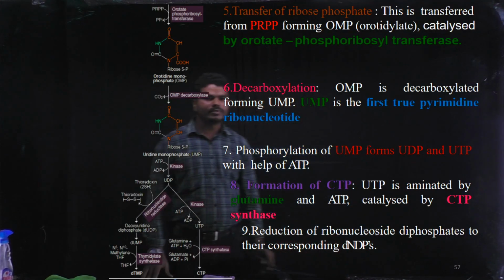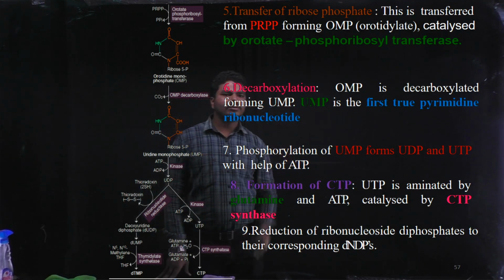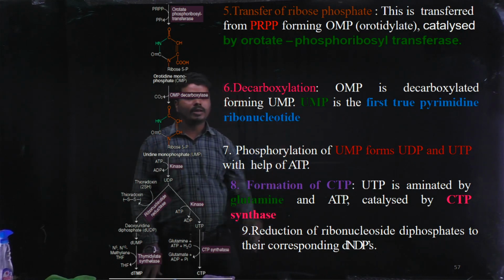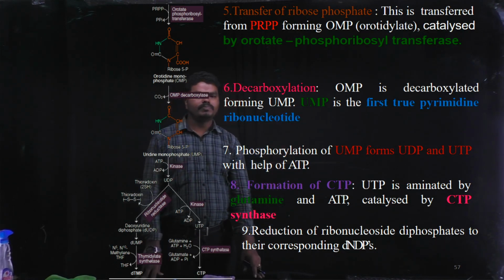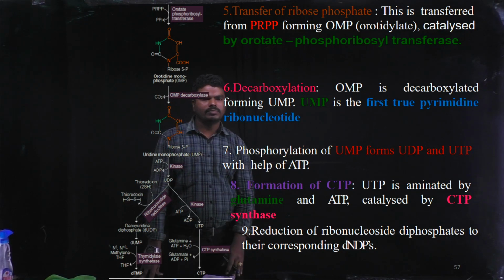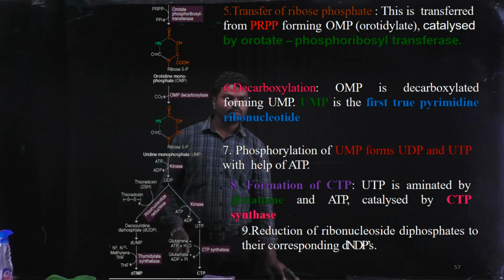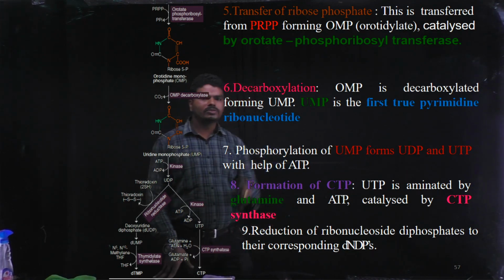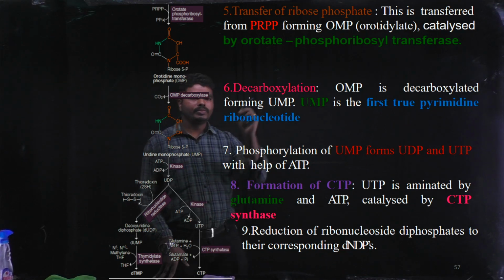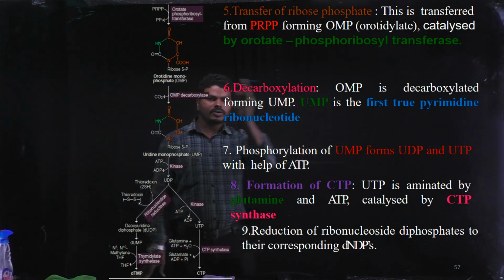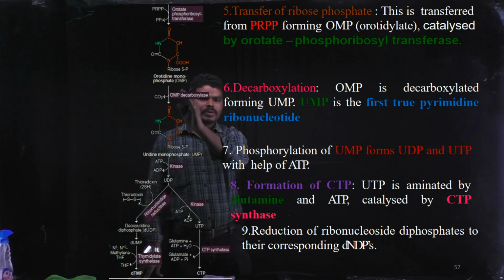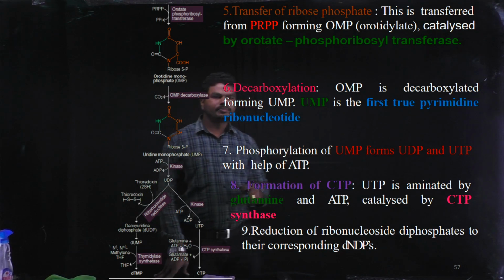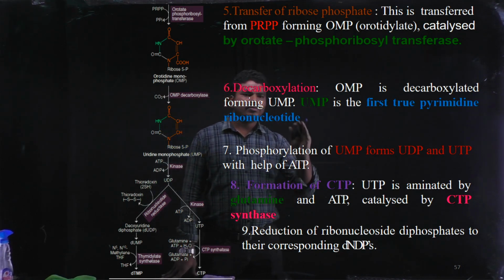So in the fifth step, there is a transfer of ribose phosphate to this orotate. The ribosyl phosphate which is transferred to the orotate is obtained from phosphoribosyl pyrophosphate.